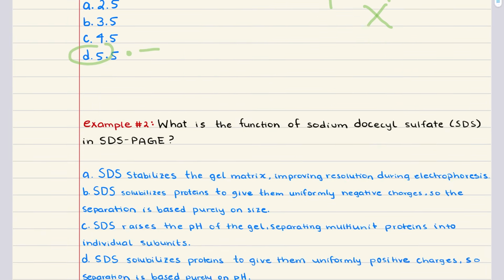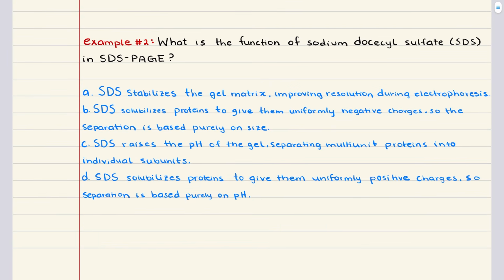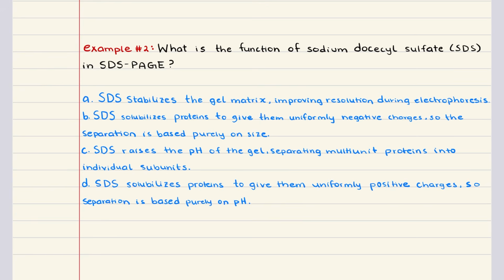Let's go ahead and move into problem 2. Problem 2 says, what is the function of SDS in SDS-PAGE? Let's read through the answer choices. A says SDS stabilizes the gel matrix, improving resolution during electrophoresis.